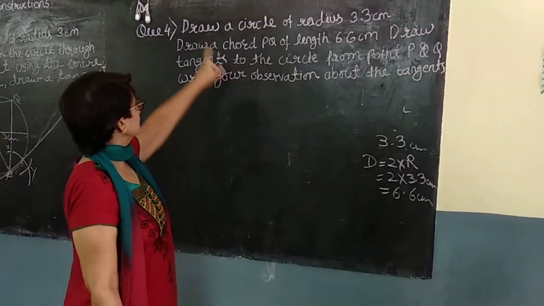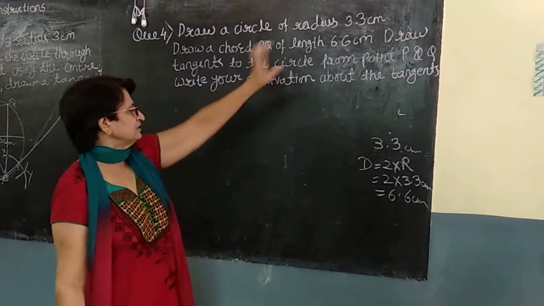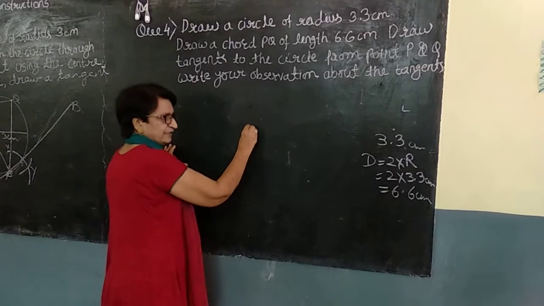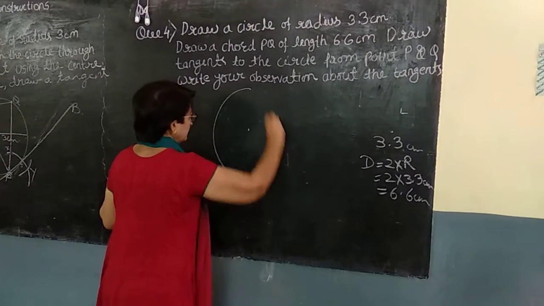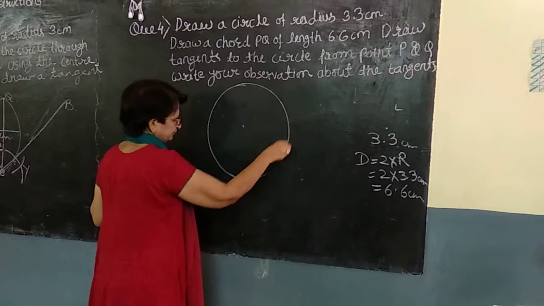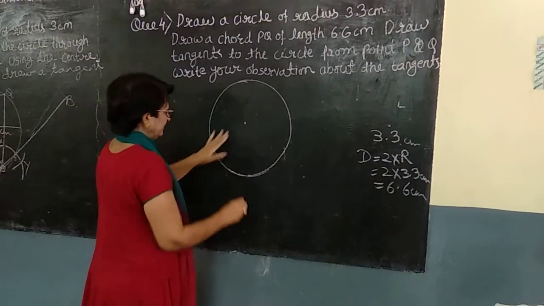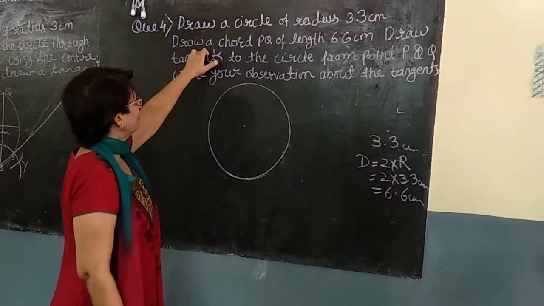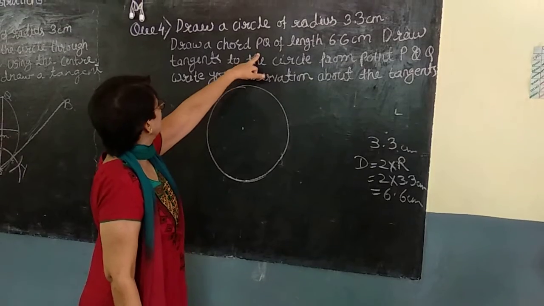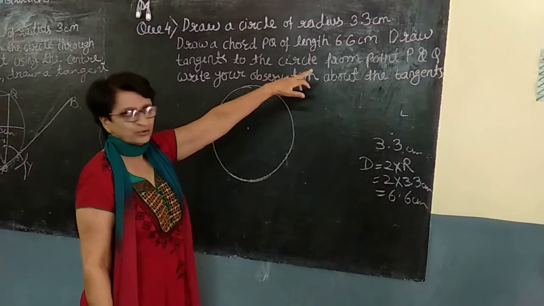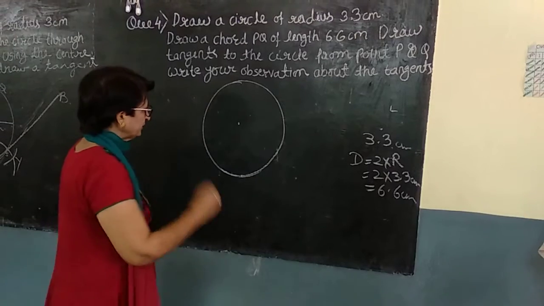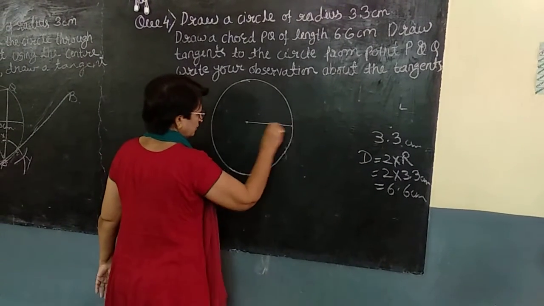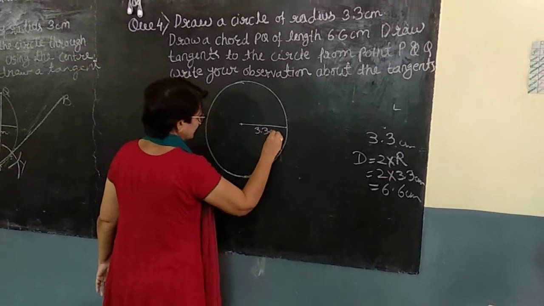So now, draw a circle of radius 3.3 centimeter. I take a radius of 3.3 centimeter and draw a circle. Then it is saying to draw a chord PQ of length 6.6 centimeter. So that chord will be your diameter.